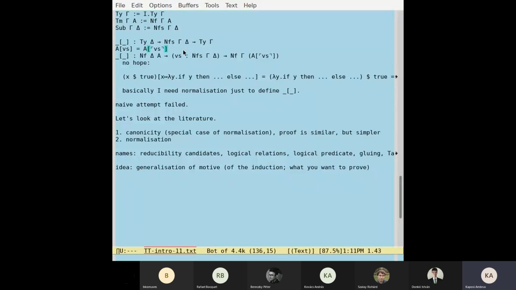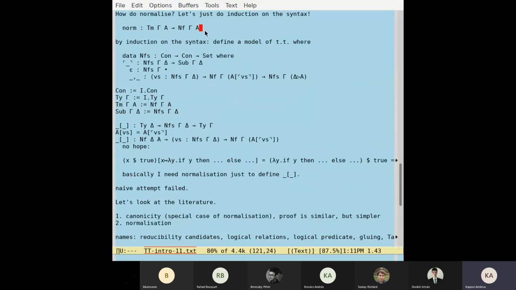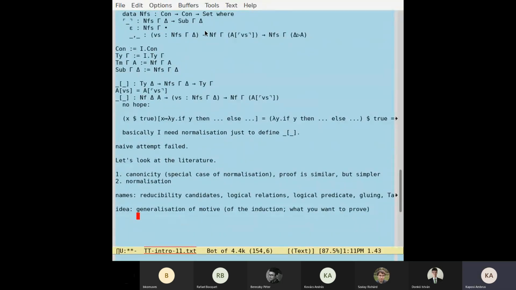And then the idea for generalization is that we don't prove normalization directly. We don't say we obtain a normal form in the first place, but we define a predicate for each type, by induction on types. We don't leave types as they were, but for each type we obtain a predicate. And then for each term, we say that the predicate holds.